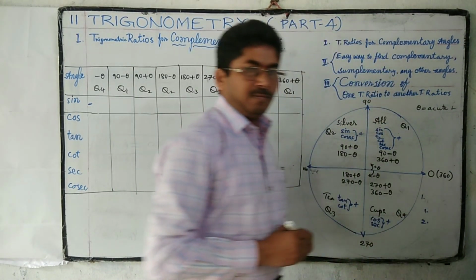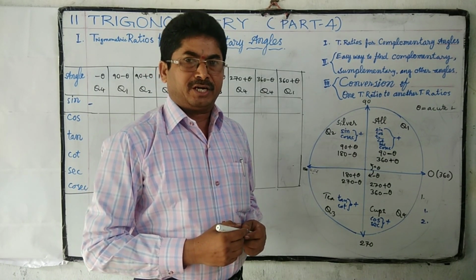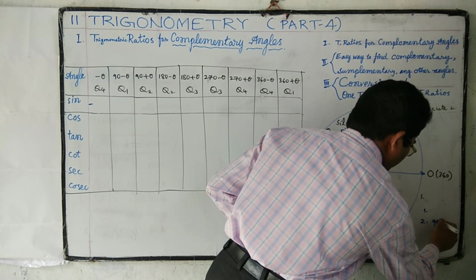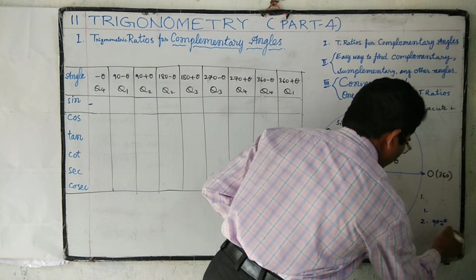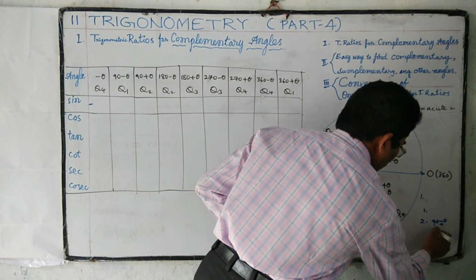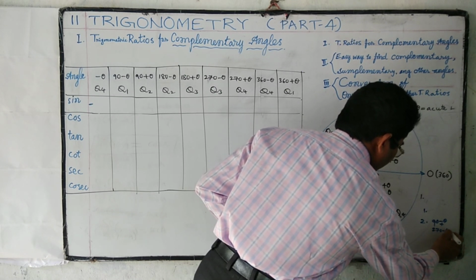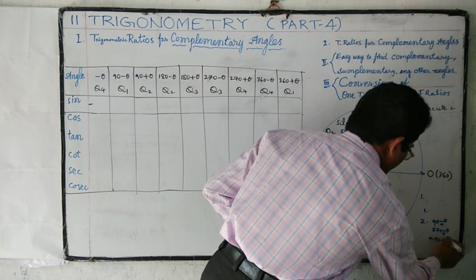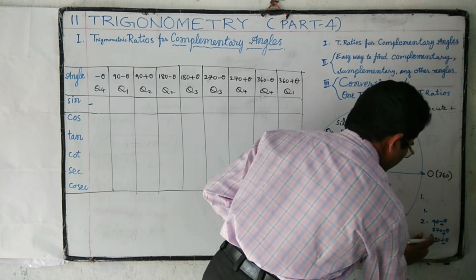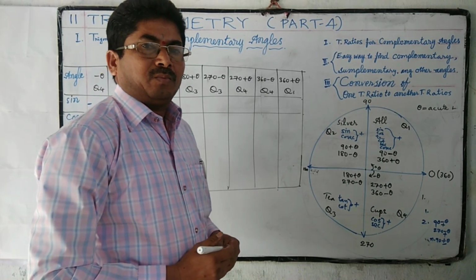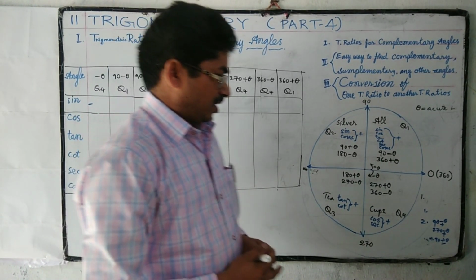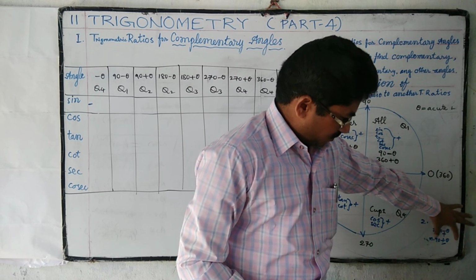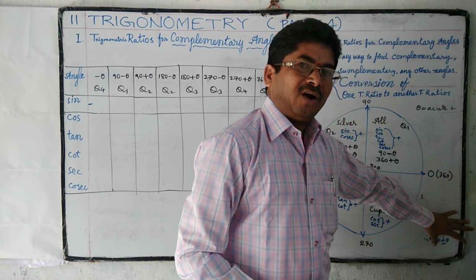Second, rule 2: if the trigonometric function is having 90 minus theta or plus theta, 270 minus theta or plus theta, or n90 plus theta or minus theta, we have to change the function.